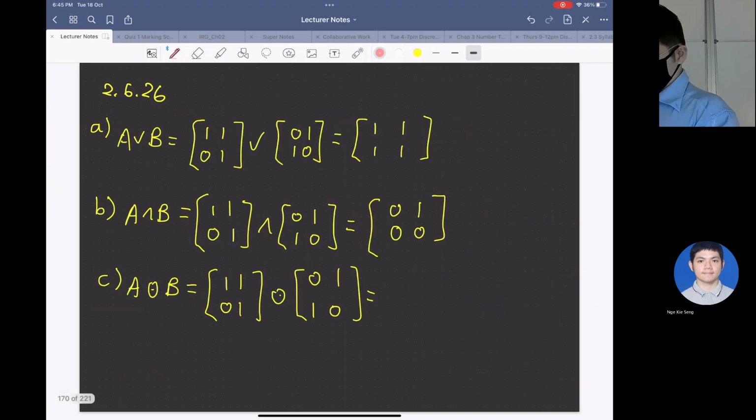Okay, next one. This one, 2.6.26, is some property on join. Oh, I didn't finish this. Did someone finish it or not? This one is 1 and 0, 0, 0, 1, 1, 1, 4, 1, it's 1. And then 1, 1, 1, also 1.